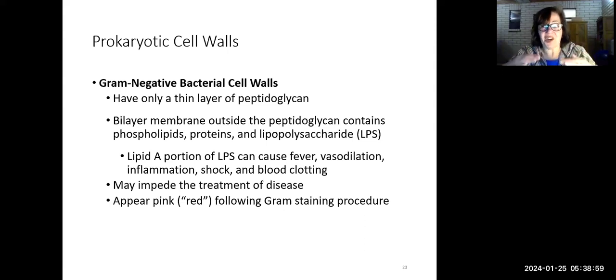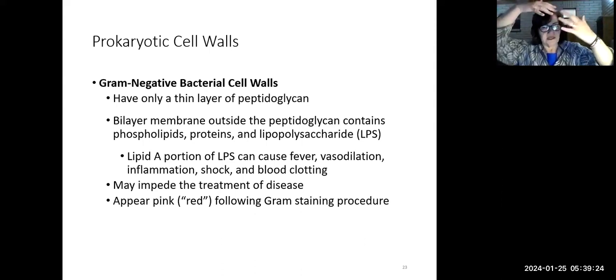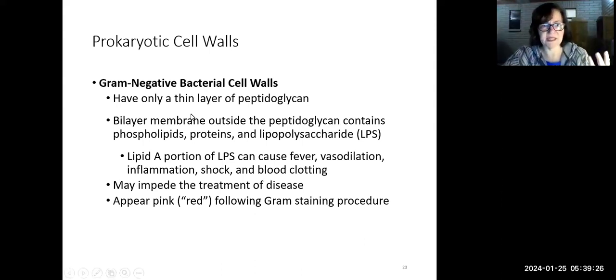But then there's this other thing that looks kind of like a phospholipid bilayer, but it's in addition to the phospholipid bilayer on the inside. Like the gram-positive cells, there's this peptidoglycan layer. And then outside of that, there's this other phospholipid layer. It's another bilayer. It's outside of the peptidoglycan, also made of phospholipids.